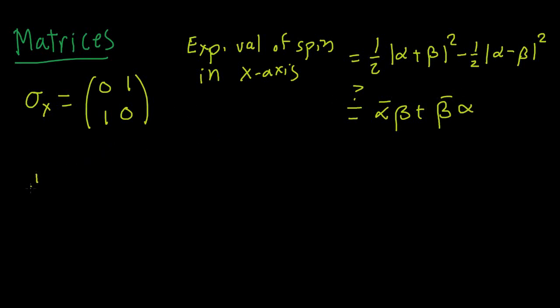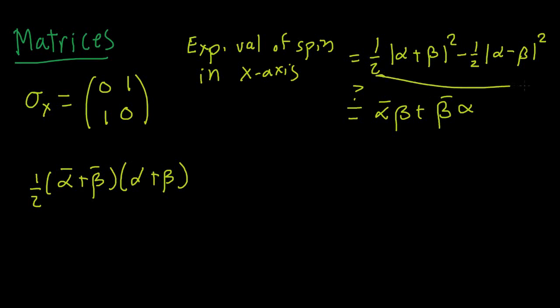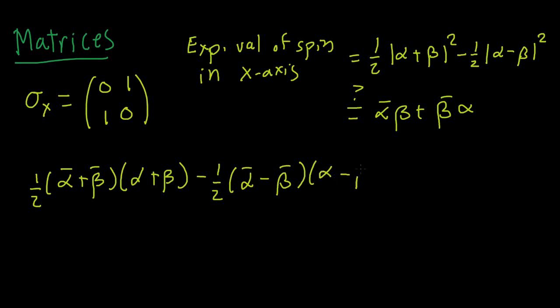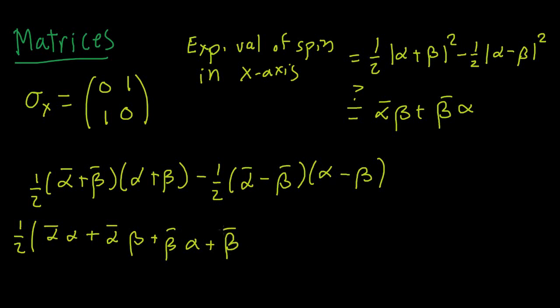So if we rewrite the expression, I'm just rewriting this top expression right now. This has 4 terms when you expand it out fully, and this has 4 terms when you expand it out fully. So these 4 terms are alpha bar alpha plus alpha bar beta plus beta bar alpha plus beta bar beta.